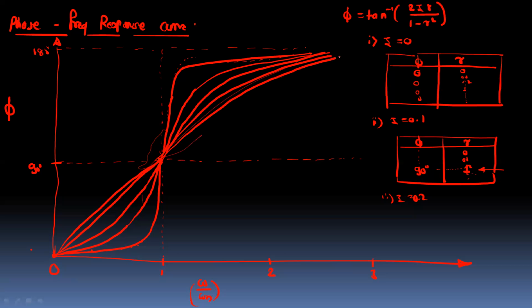All the graphs will approach 180 degree for higher frequencies. So this is the phase angle versus frequency ratio graph.